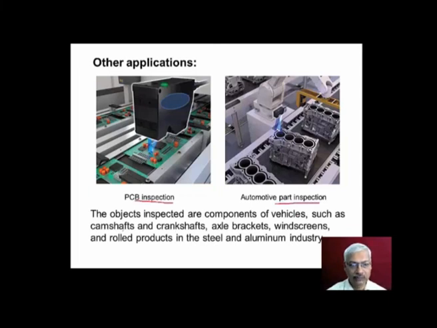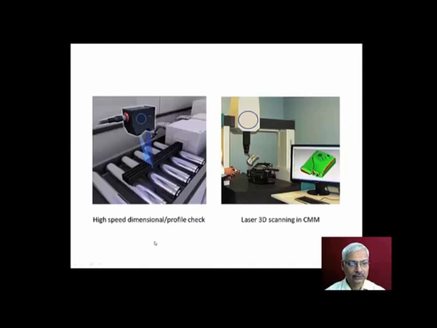Parts like camshaft, crankshaft, axle brackets, windscreens, etc. can be inspected by laser vision system. The vision systems can also be used to check the profiles. You can see here we have a workpiece with a profile like this. So using the laser system, we can check whether the profile is okay or not.